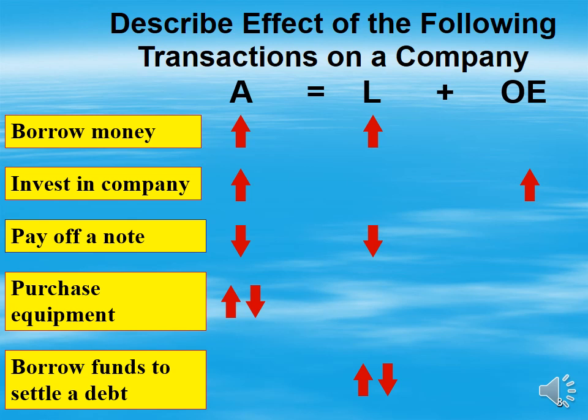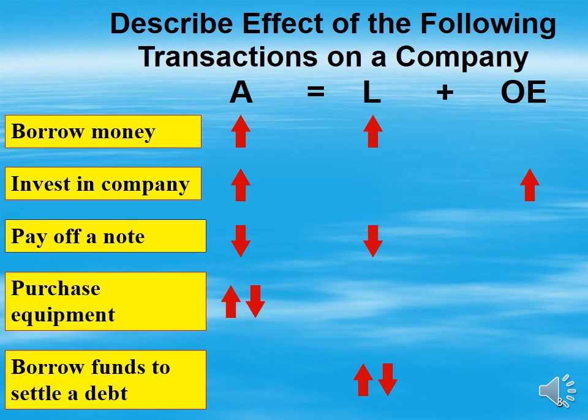The second example is that the owner of the business adds 5,000 capital into the business. What will happen to the accounting equation? The asset cash will increase and there is no effect on liability, but the owner's equity, which is the account capital, also will increase.